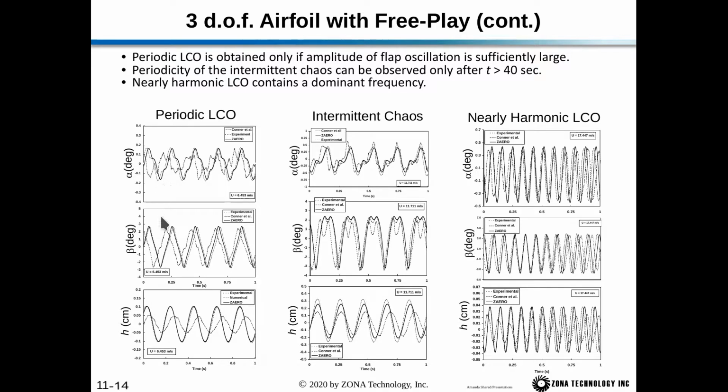With alpha and beta, we've done a pretty good job matching. With the plunge, ZAERO overpredicts the plunge amplitude by a little bit. The intermittent chaos, we've named it that because you can see the alpha and beta looks kind of like this, and we've also matched that pretty well.